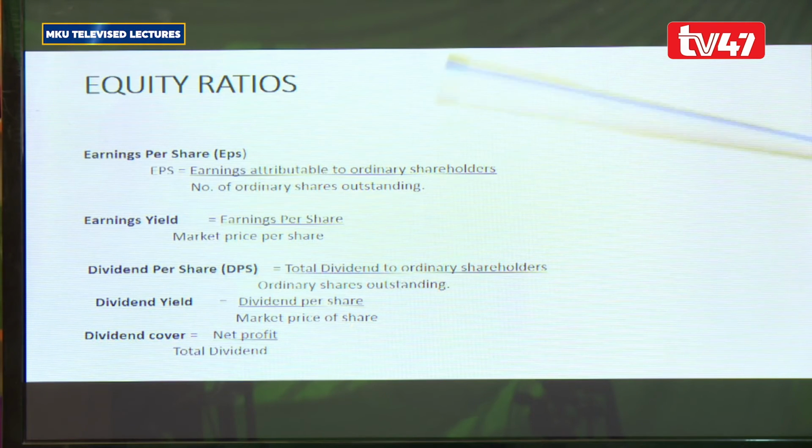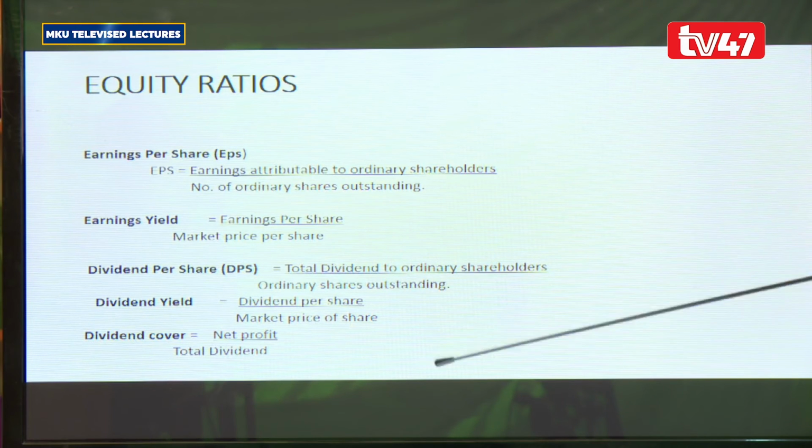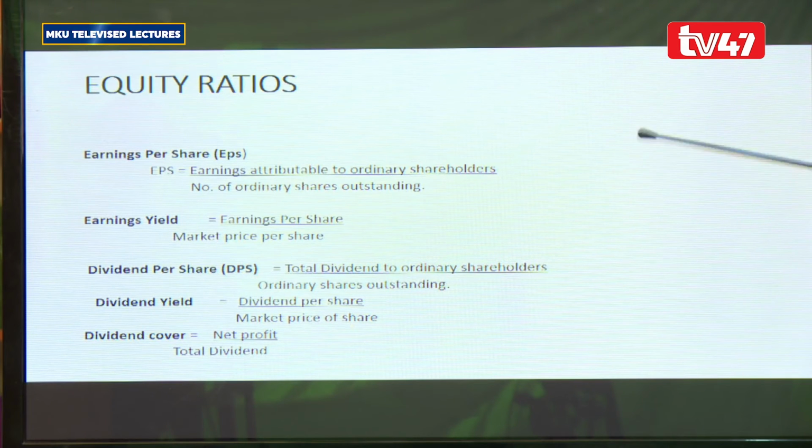For instance, if the total amount of profit was 10 million, that means they were capable of distributing up to 10 million, but they may choose to distribute 5 million. That means they distributed 5 million, but they were able to distribute another 5 million if they wanted. So we want to get to what extent the dividend is covered. That is what we call dividend cover.